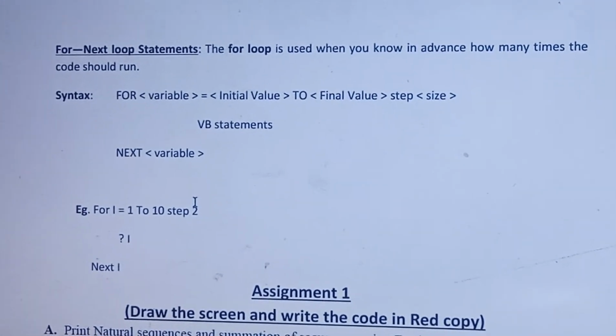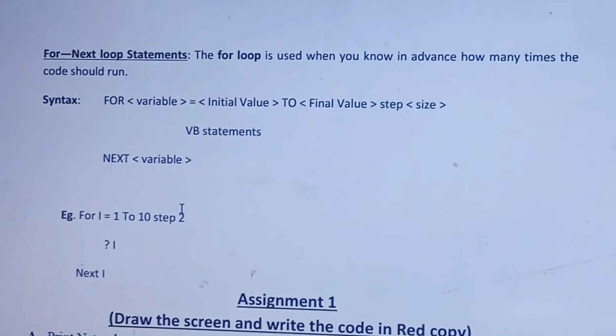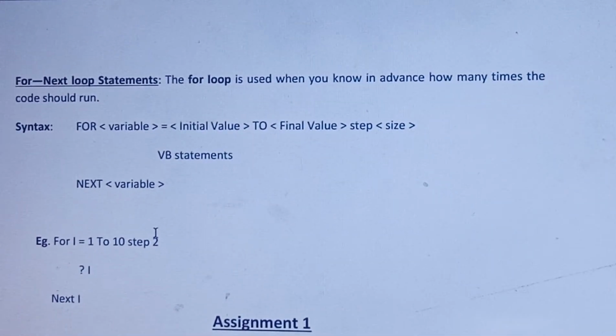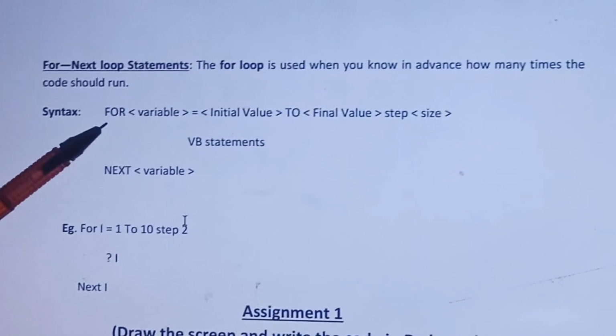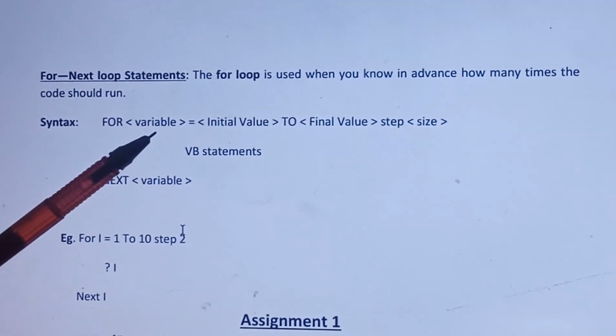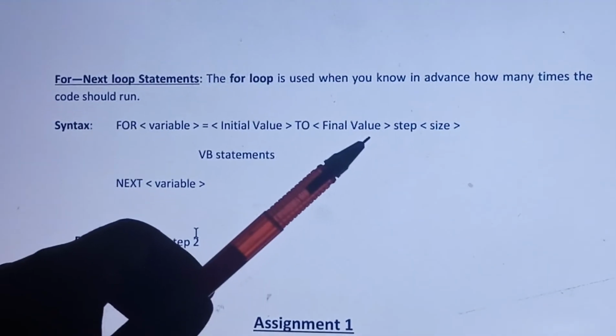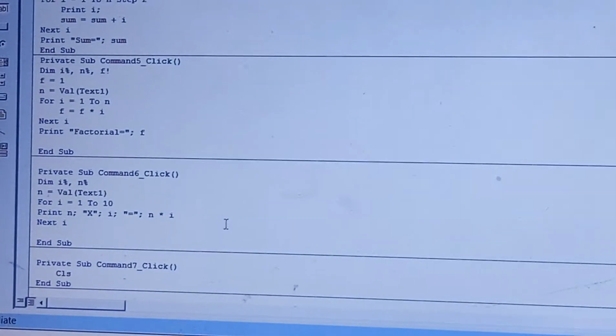One more thing that I want to tell you, children, that syntax is a very important thing. It's a format of how to write the command. Okay, so look here, for, this is my for loop. Variable is a counter, initial value to final value. See, 1 is the initial value, n is the final value.